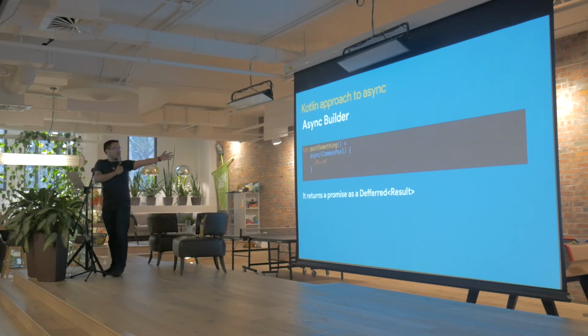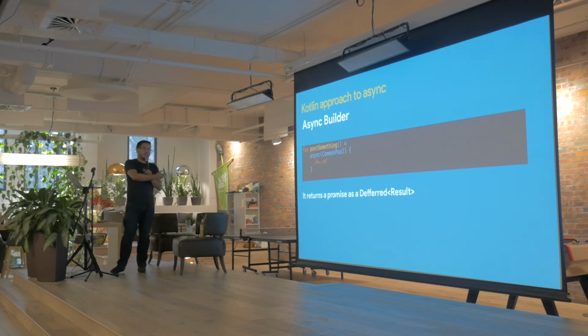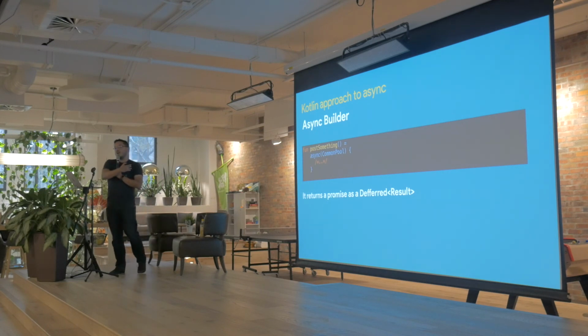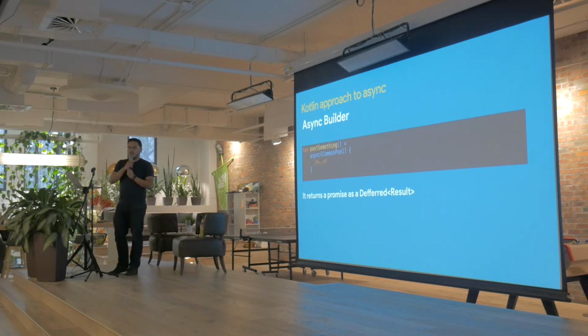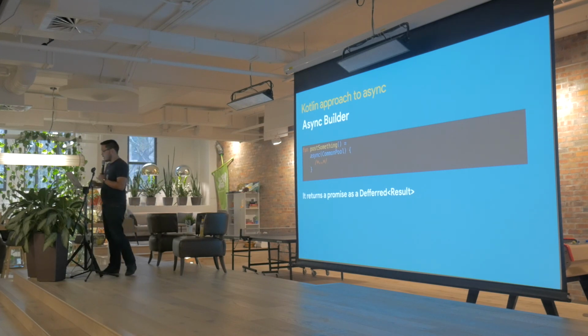If you take a look at the beginning, Kotlin lets me have a function that returns a value. In this case, it's returning a deferred result, which is what async returns to me. Launch, the other coroutine builder that we just saw, returns a job. With the job from launch, you can cancel it, you can join, you can do other stuff. With the deferred result you can also do different things, like getting the value when you feel like it.